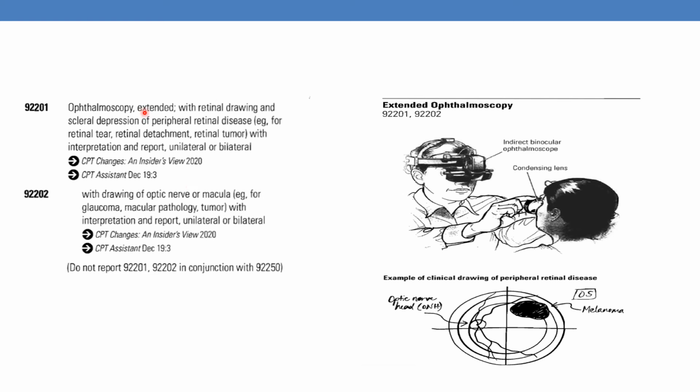If the ophthalmoscopy is performed with retinal drawing and scleral depression of peripheral retinal disease, the CPT is 92201. If it is done with drawing of optic nerve or macula, the CPT is 92202.